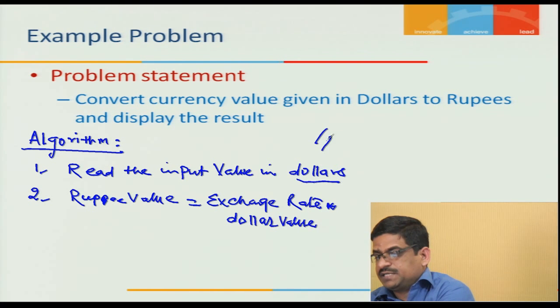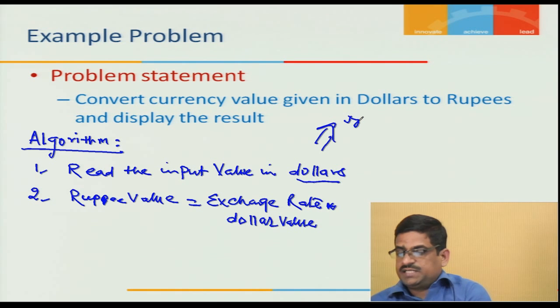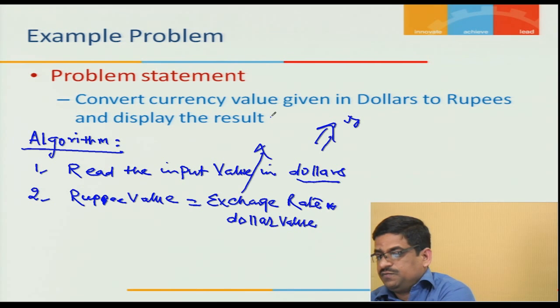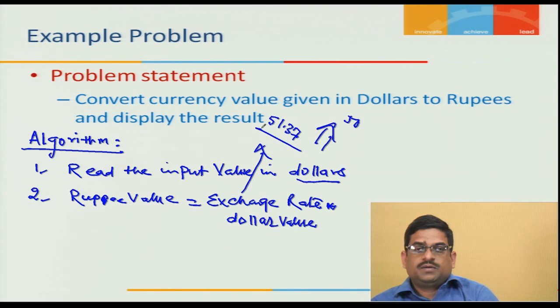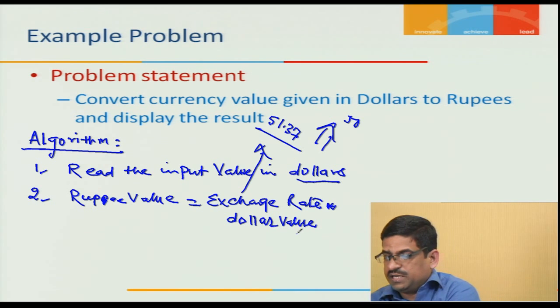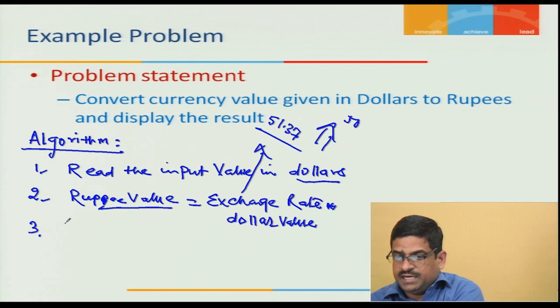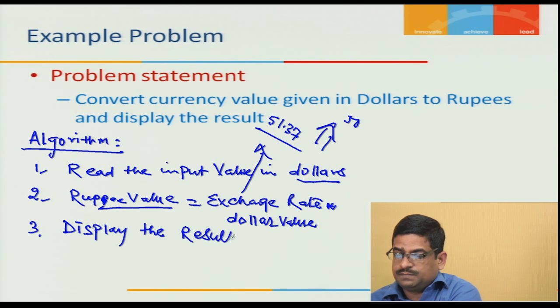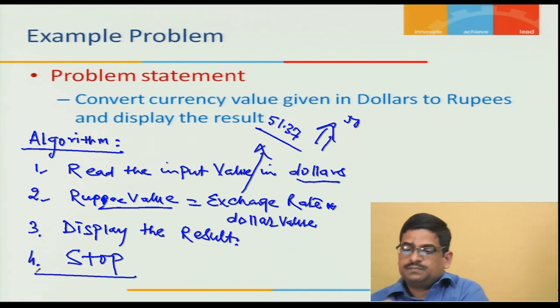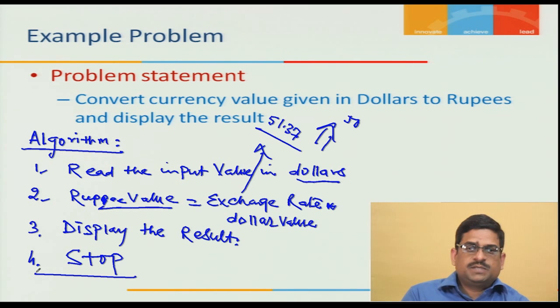Let's say the user supplied $50, and the exchange rate is, let's say, 51.37 rupees per dollar. So the dollar value multiplied with this exchange rate gives me the rupee value. Then finally, display the result. And then I say stop. So this is my algorithm. Simple problem.